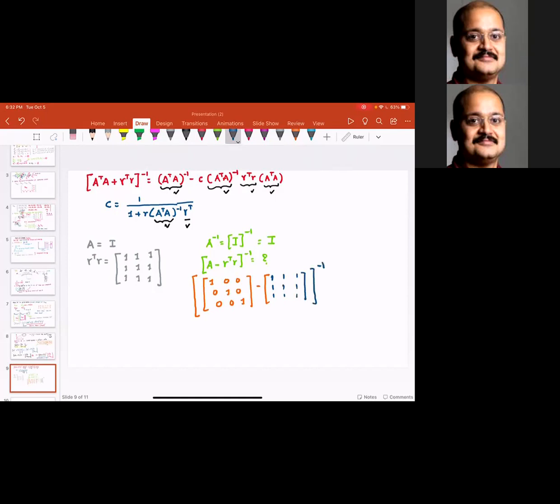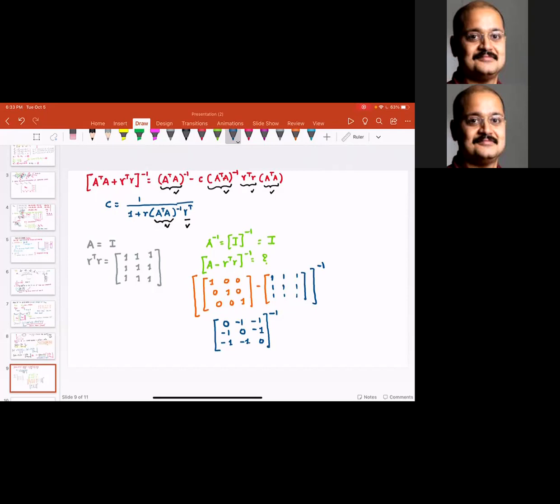So your final matrix is going to look like 0, minus 1, minus 1, minus 1, 0, minus 1, minus 1, minus 1, 0. Now this matrix is not easy to invert. You cannot invert it just by looking at it, and you will have to perform some sort of computation.